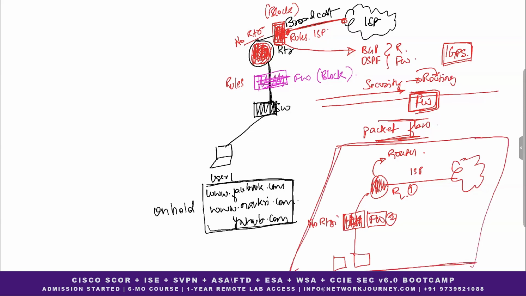Actually, I have one question. Instead of a router, we can put a switch, and then we put the firewall, like ISP to switch and switch to firewall. Switch, sorry, I didn't get you. Can you reiterate what you want to keep first?